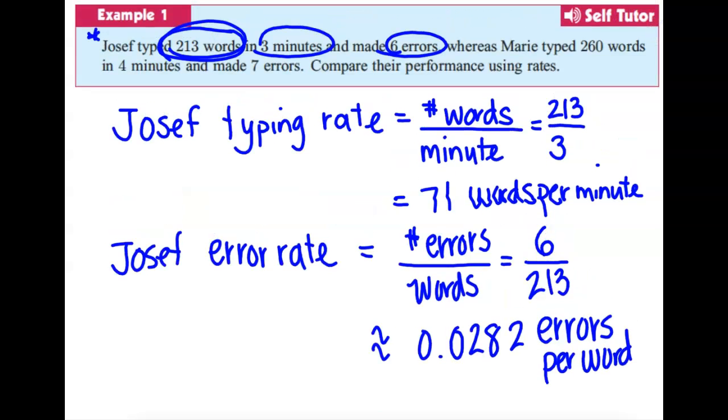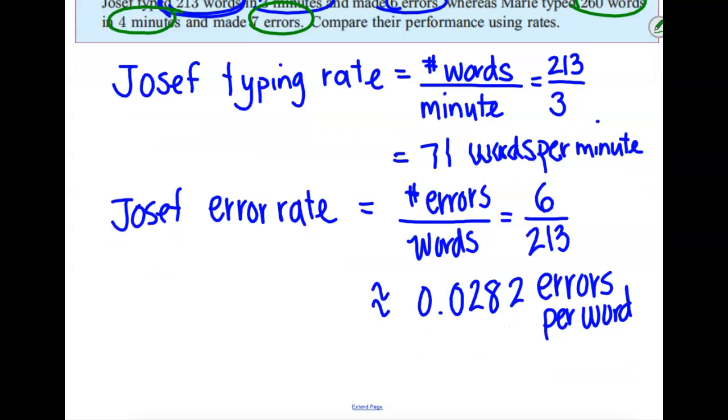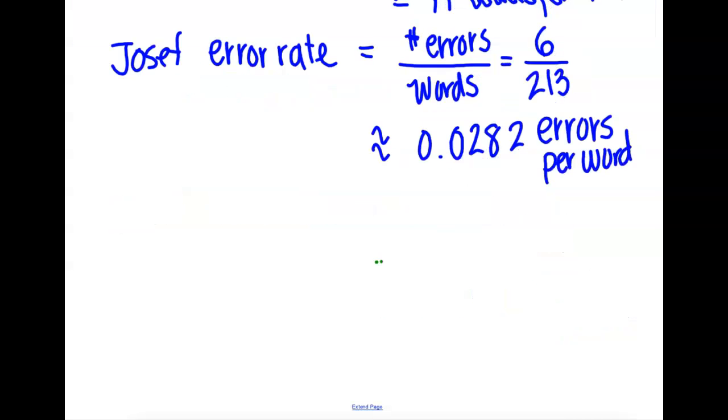All right, now we're going to compare it to Marie. So we're going to use those same equations. Marie typed 260 words in 4 minutes and then she had 7 errors. I'm going to extend this page. All right. So here's Marie.